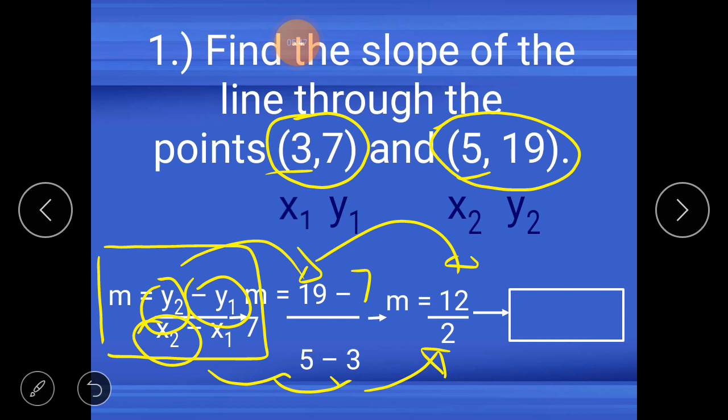Since slope is usually a fraction, you must make sure that your final answer is in lowest terms. Since 12 is divisible by 2, just divide 12 by 2. So your answer here is 6. So the slope of 3, 7 and 5, 19 is 6, or 6 over 1 if you want rise over run.